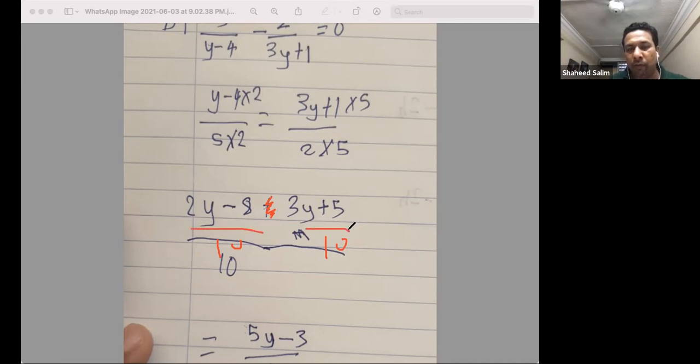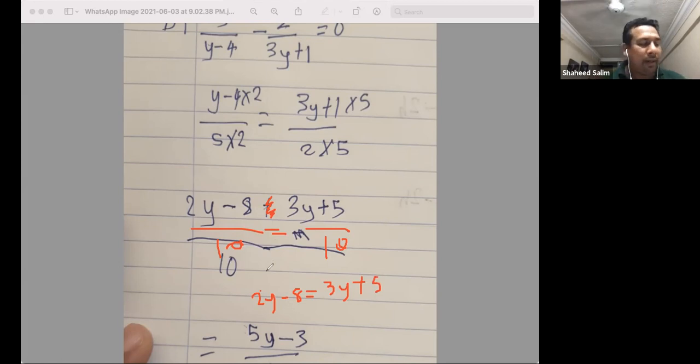Over 10, over 10, there's an equal. This 10 is equal to this 10, right? That means 2y minus 8 is equal to 3y plus 5. Do you agree now? Because this is over 10, over 10, this is equal.